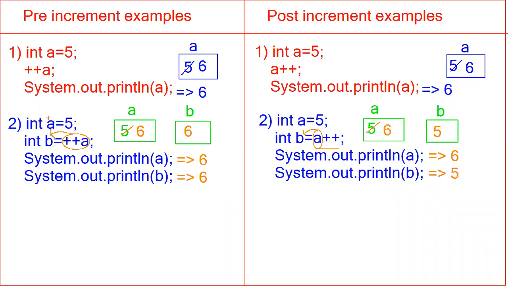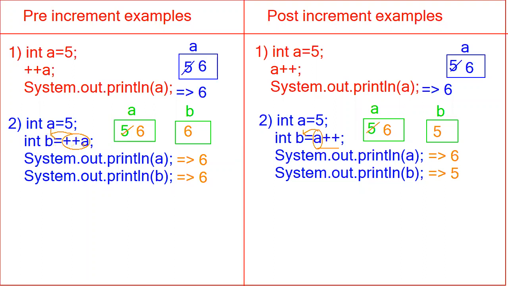So in this situation pre and post are different. So it is pre-increment, first increments, later assign. In this line 2 operations are there: increment operator is there, assignment operator is there, normal assignment. So it is pre-increment, that's why it first increments.